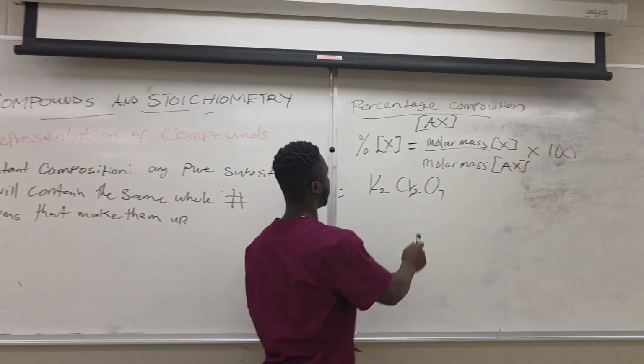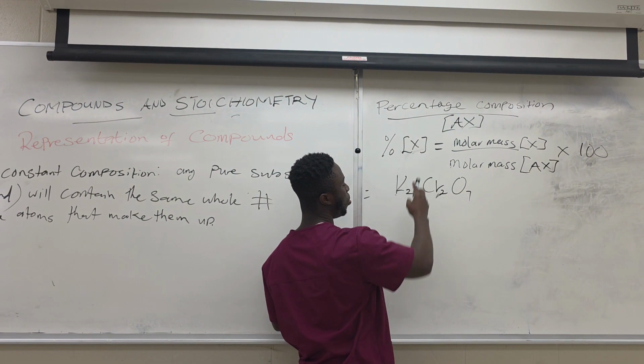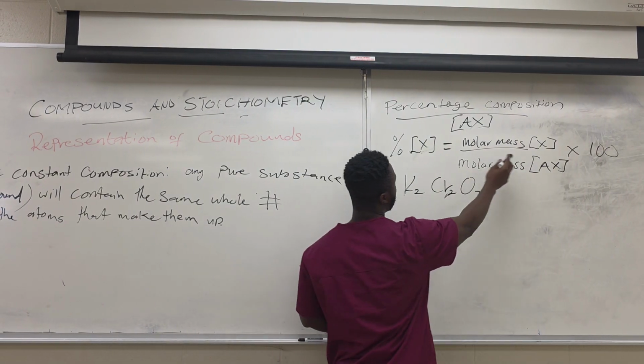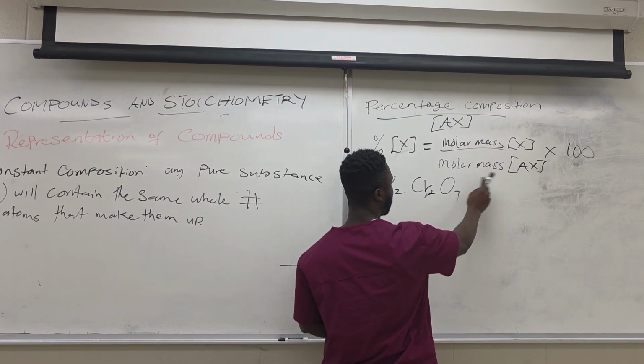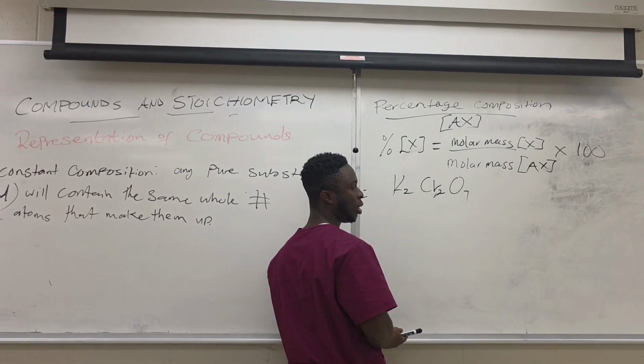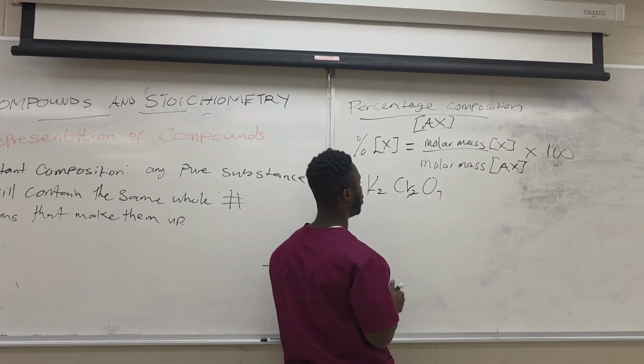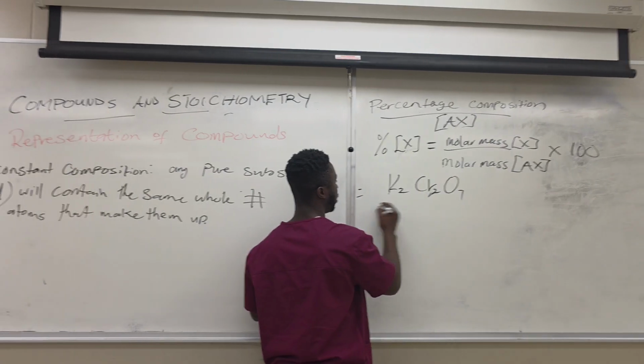Okay, so we said that the percent composition is the molar mass of the substance that we are looking for divided by the molar mass of the entire compound multiplied by 100. So what we are looking for over here is chromium.